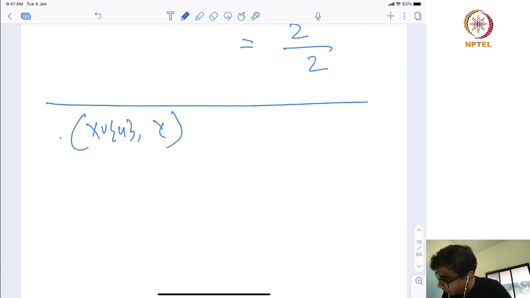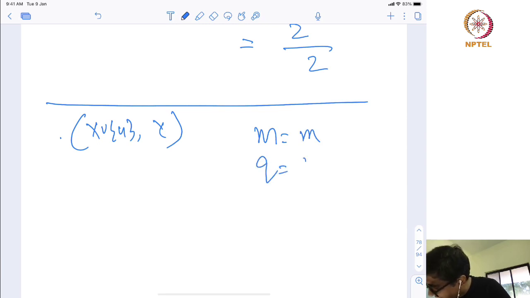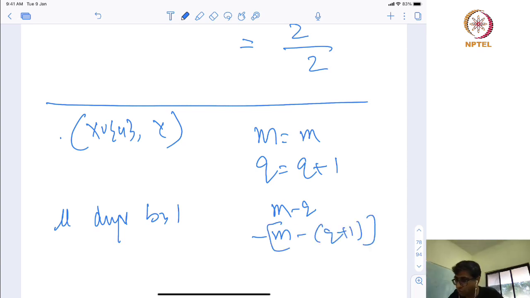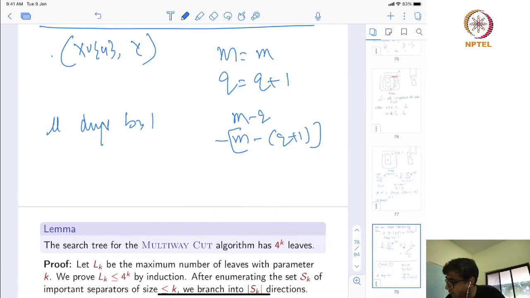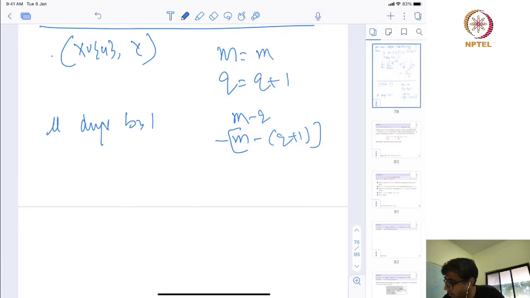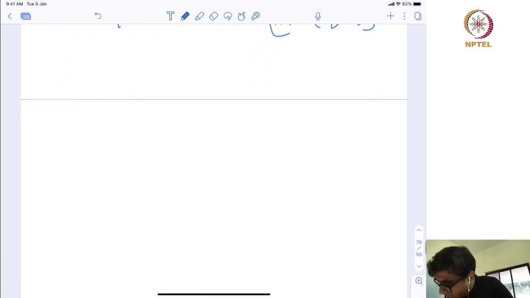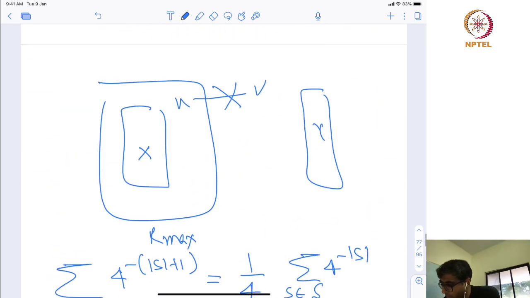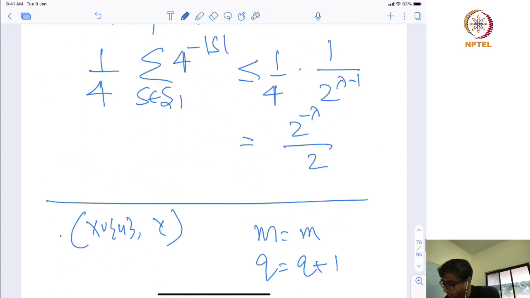Notice M remains M, but the number of edges Q becomes Q plus 1, so mu drops again by 1, because it is M minus Q minus (M minus Q plus 1). So mu drops by 1.